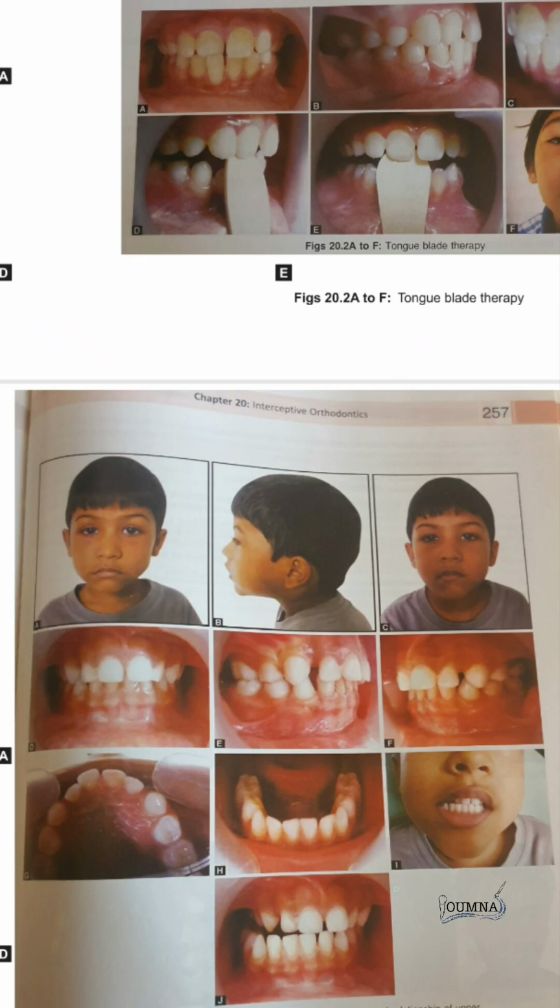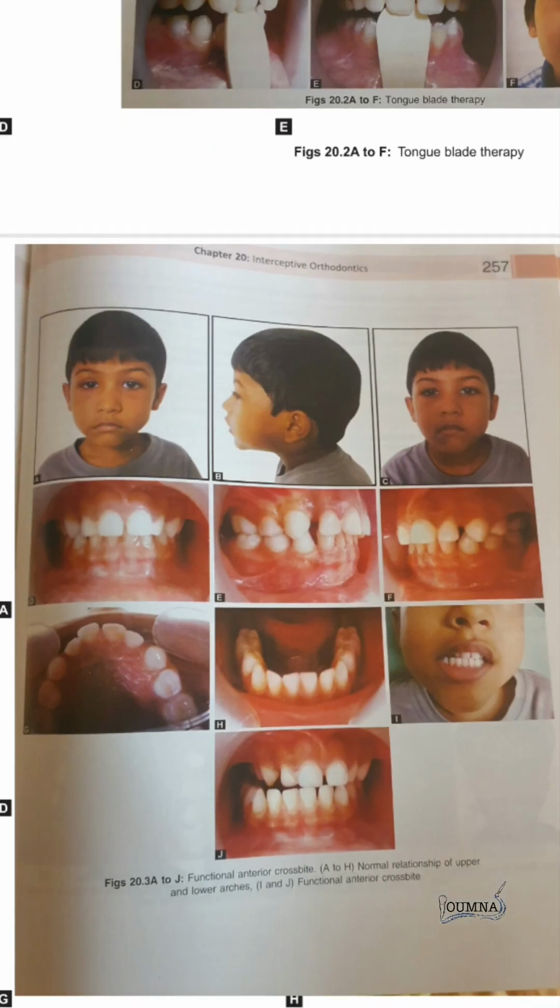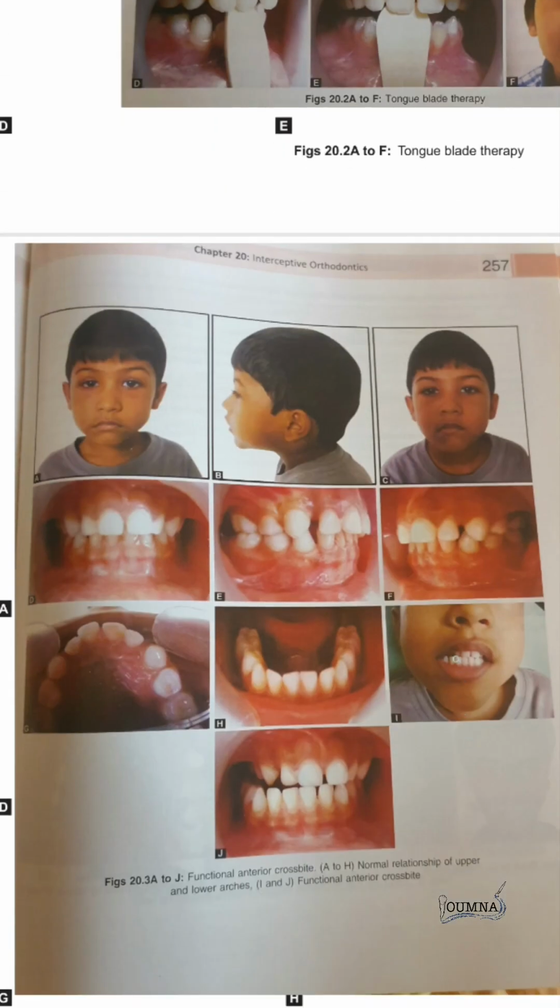Like in this case, we see that there is a functional class 3 when the patient is able to get back to its centric relation. It is the way to distinguish between the pseudo class 3 malocclusion and the real class 3 malocclusion.